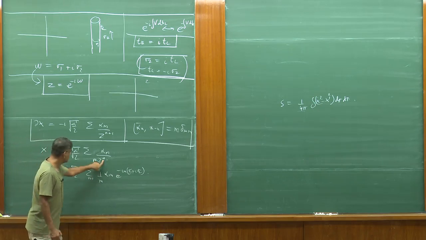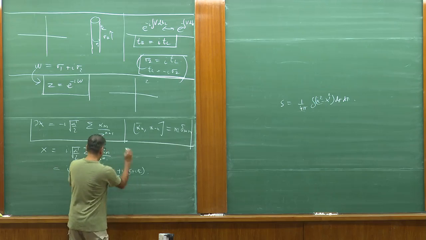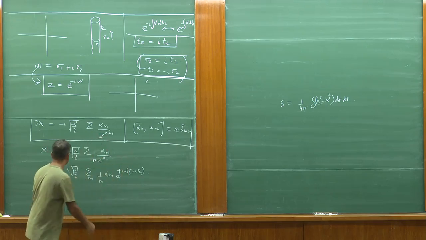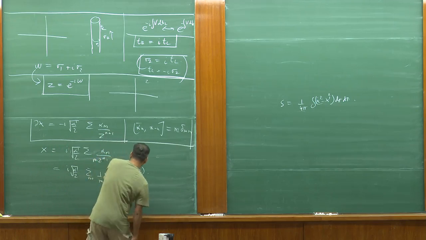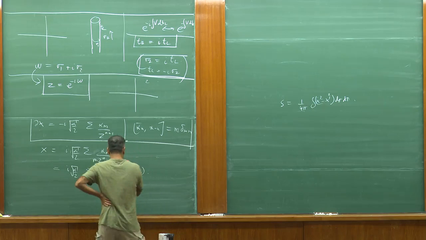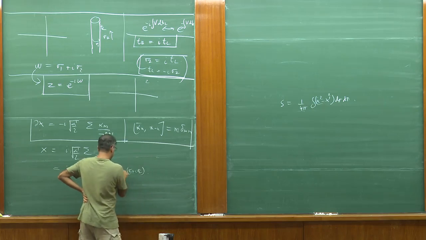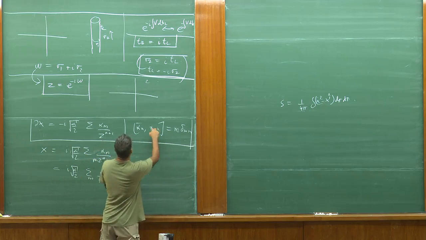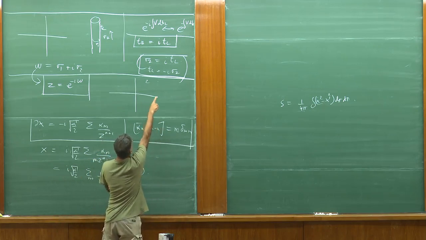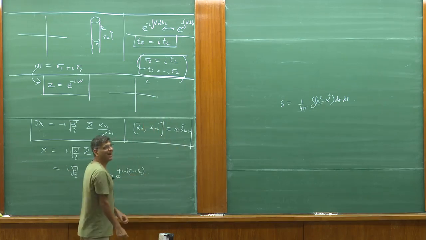So that will be plus i m, yes, thank you. So i times i is minus, and minus times i, so it's minus i m.